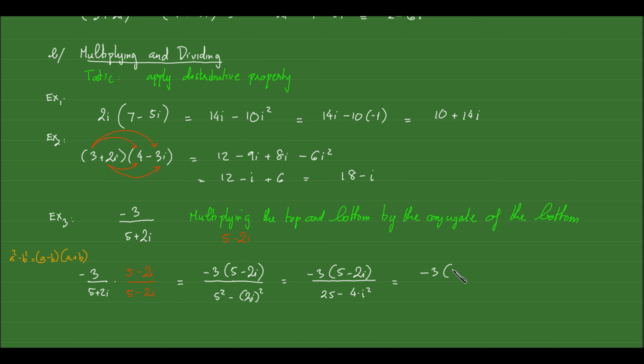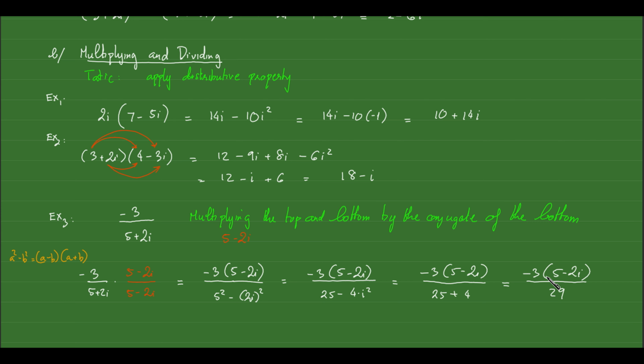So it's negative 3, 5 minus 2i over 25, i squared equal to negative 1, times negative 4 gives you positive 4, which is the bottom, I will have 29. Oh, unluckily we cannot simplify 3 and 29, so I'm gonna just leave it there as the final answer.